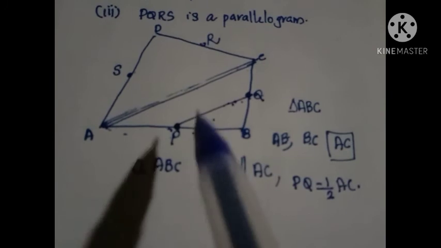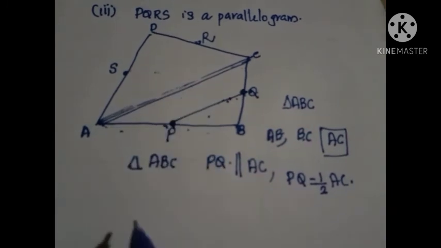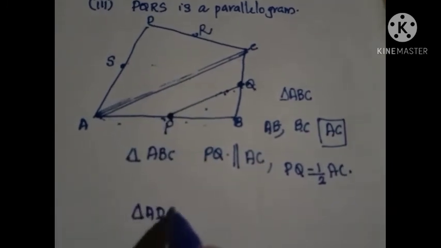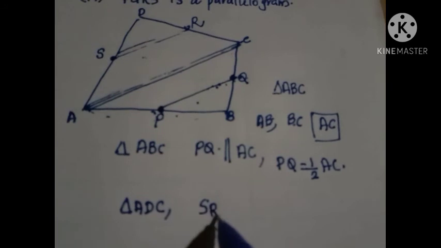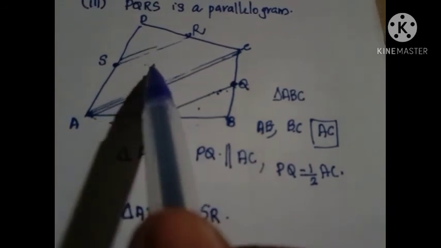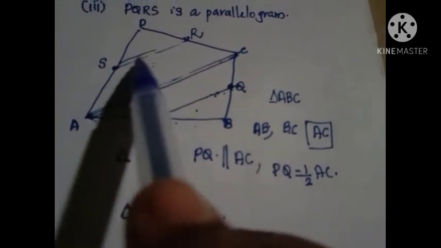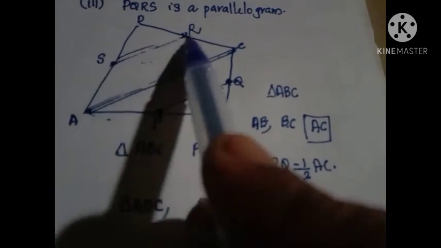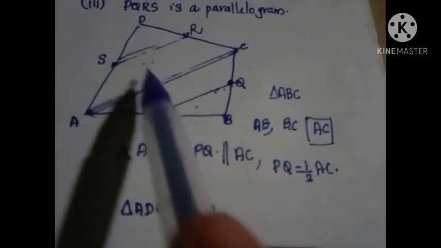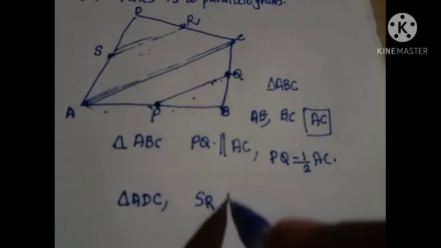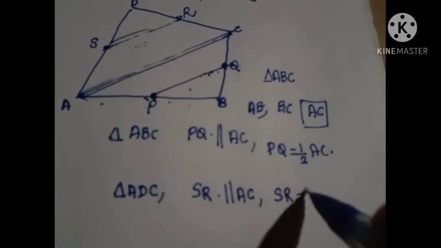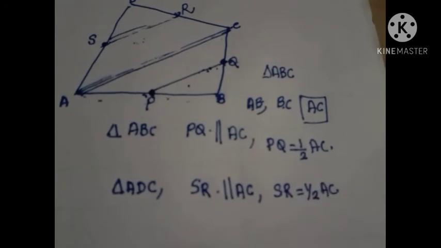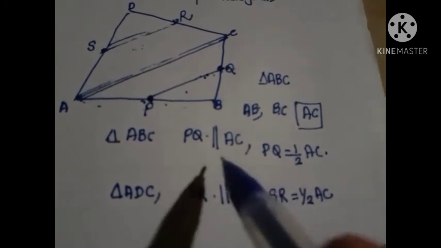Okay. Similarly, consider this triangle ADC. Join these two midpoints S and R. Again apply the midpoint theorem in this triangle. The line segment joining these two midpoints, SR, is parallel to the third side. The third side is AC and SR is half of AC. So, look at these two.